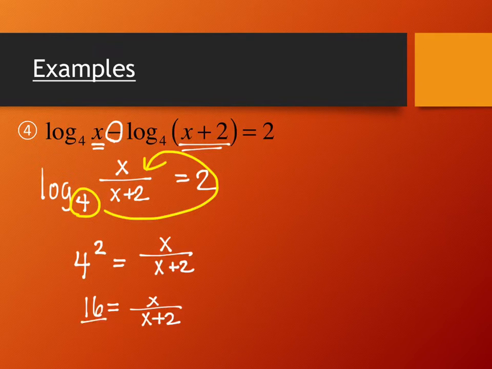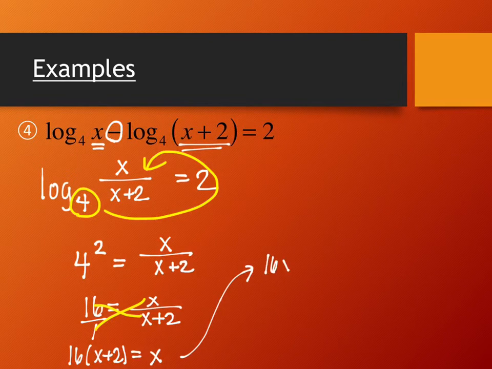Yep, cross multiply. Okay, so you can think of it as that, or you can just think of it as multiplying by x plus 2. Either way will work. So this is 16 times x plus 2 equals x. So 16x plus 32 equals x. Then what?